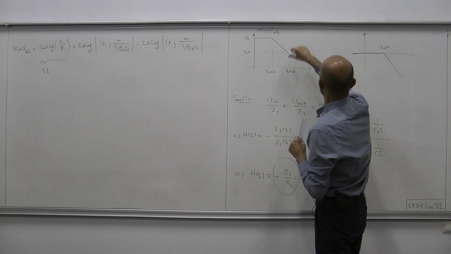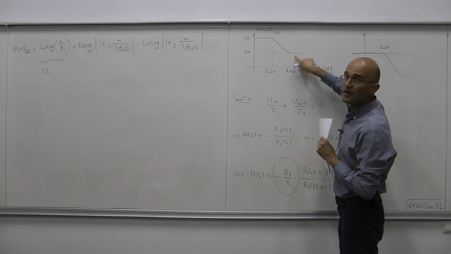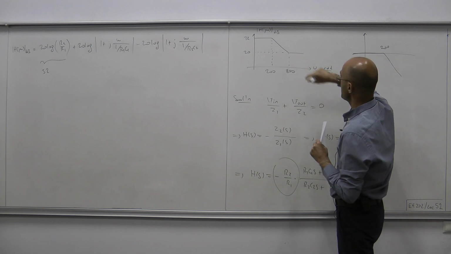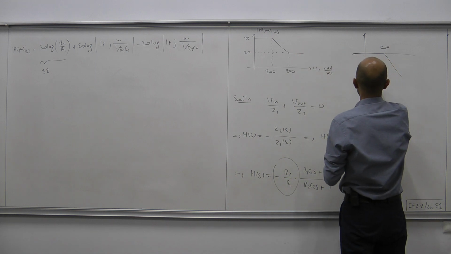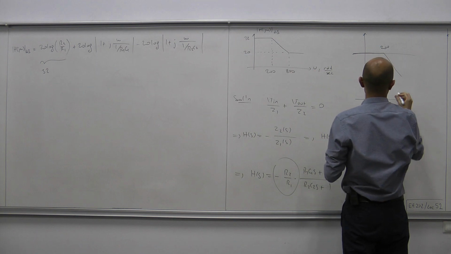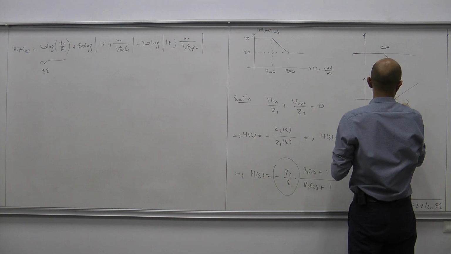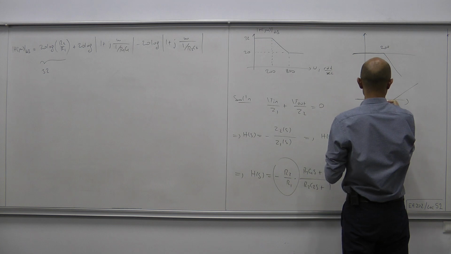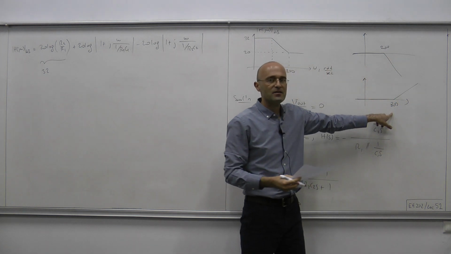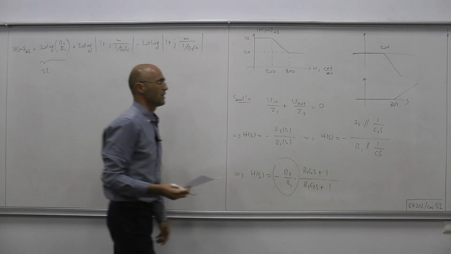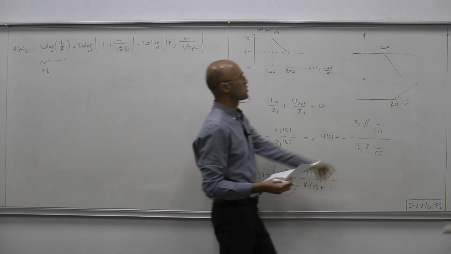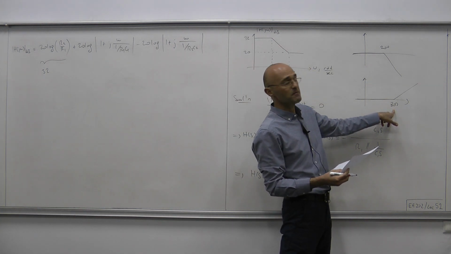And then this negative slope must be cancelled by some positive slope, and that means we must have a third term that becomes active at 800 radians per second.